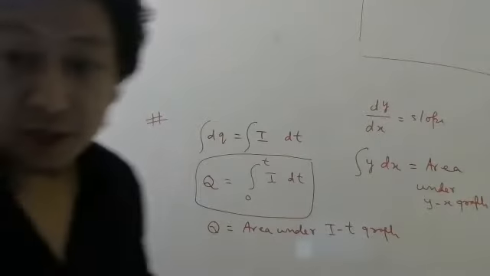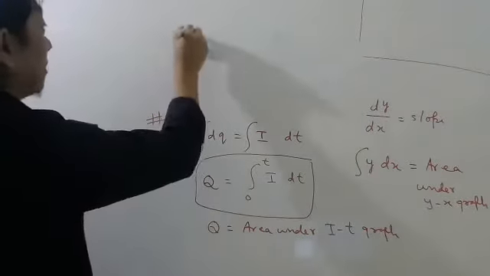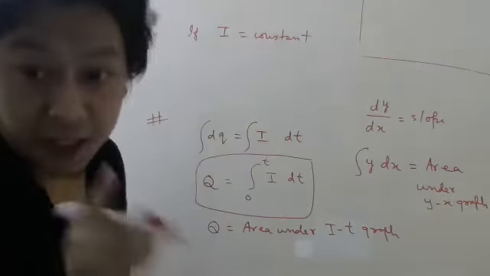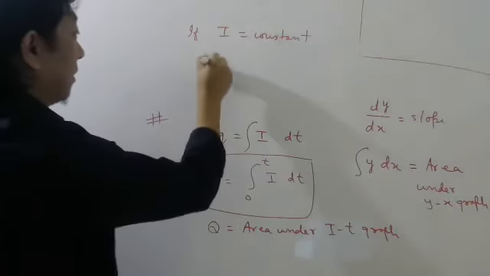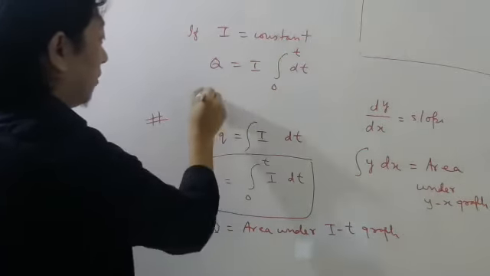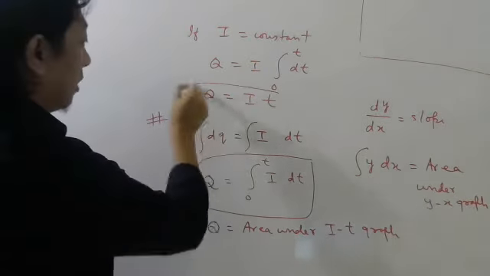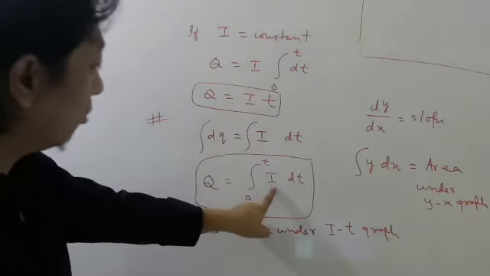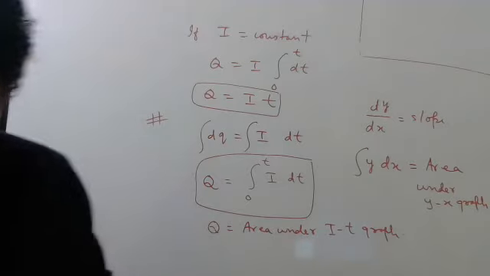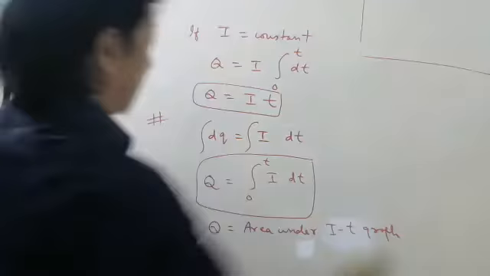By the way, if current is constant, if it is steady current, then you can take the current outside. Then you will get the integral of dt from 0 to t, which gives simply current into time. So this formula can be used when current is constant. If it is not constant, then you have to integrate. Integration also they will teach in mathematics, so you don't have to worry. Write fast.